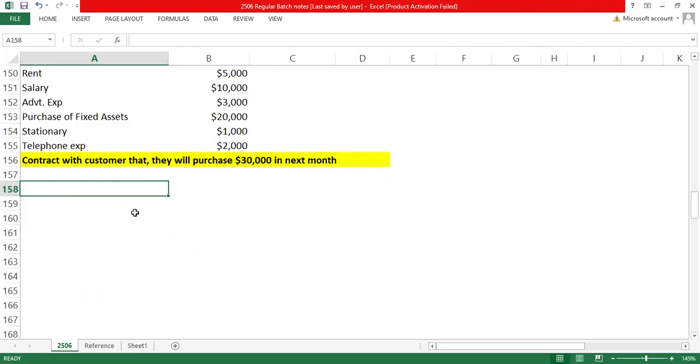Because as a part of your accounting rules, we always talk about the business entity concept, or the separate entity concept. So whenever we talk about it, business is separate from the owner. Whatever capital you are introducing, still you need to treat that as if you are getting it from another person.